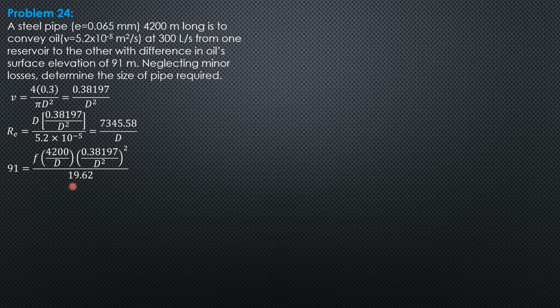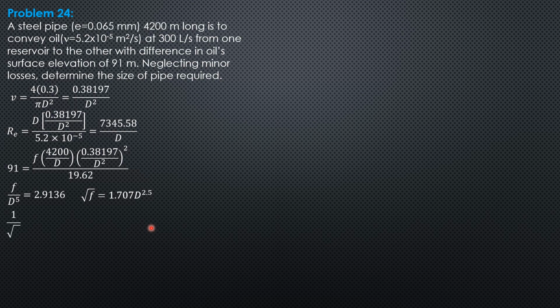So 91 times 19.62 divided by quantity 4,200 times 0.38197 squared equals f over d to the fifth. So f over d to the fifth equals 2.9136. Therefore, if we extract the square root, the square root of f is 1.707 d to the 2.5, half of 5, 2.5.